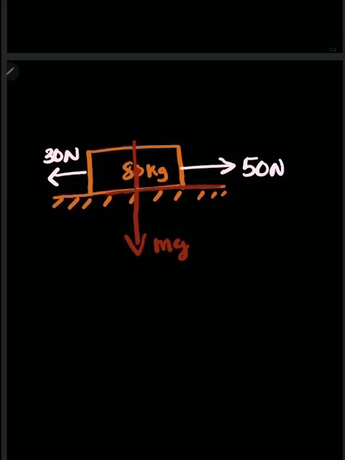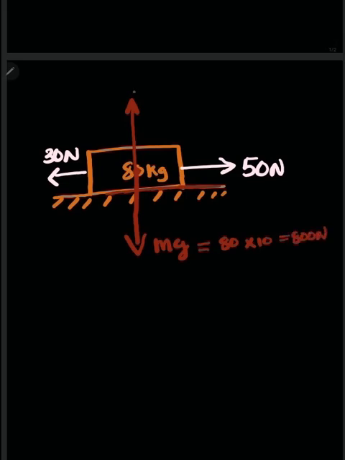So we have another force acting in the opposite direction to the weight force, and this force balances the weight. If you were to calculate the weight force, mg, the mass of the body is 80 kg. Let's assume g as 10. So multiplied by 10, the weight is 800 newtons.